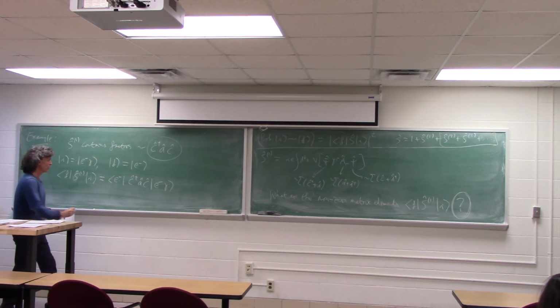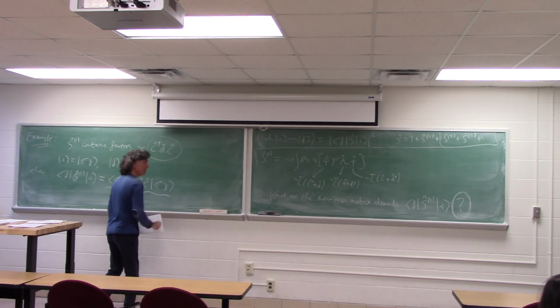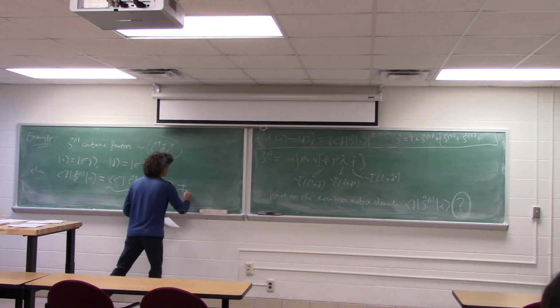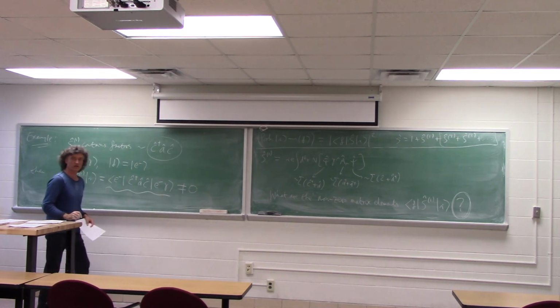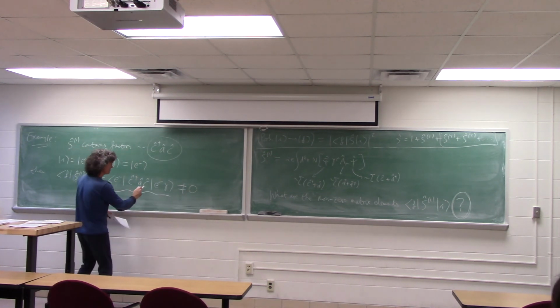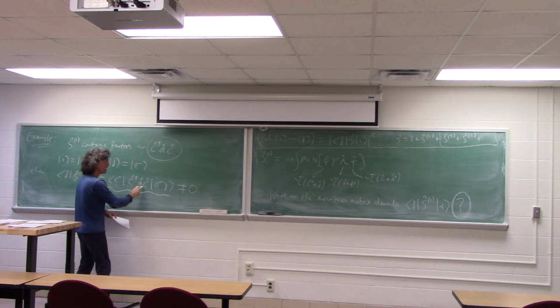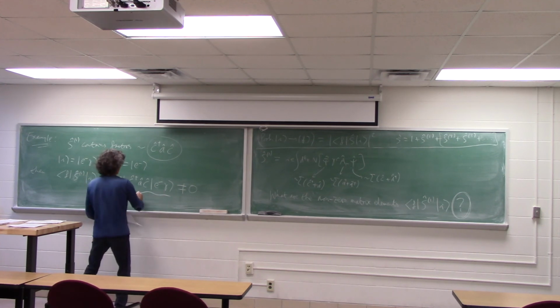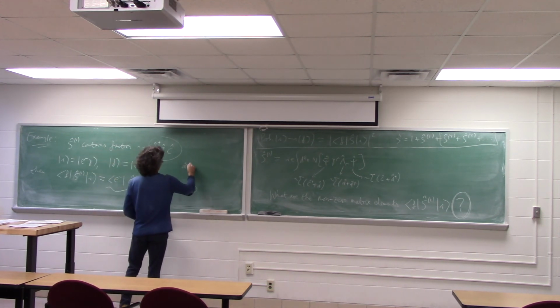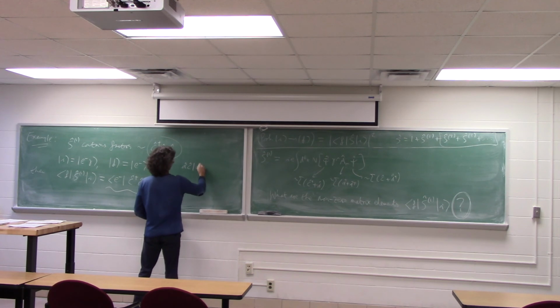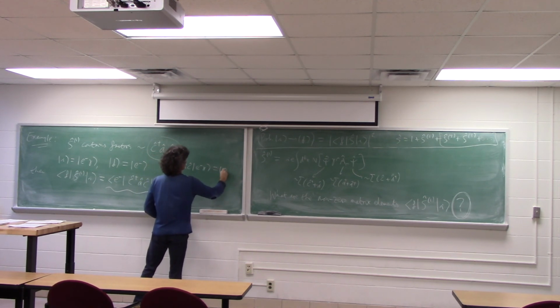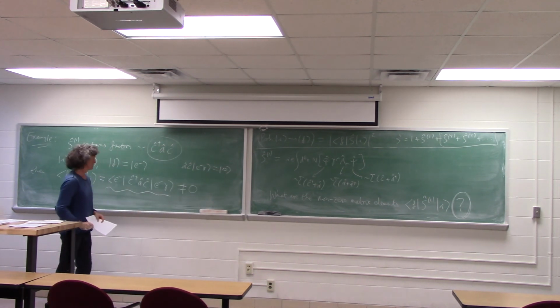Now here's the crucial part: this is not zero, because the annihilation operator can annihilate the electron, this will annihilate the photon, so I get the ground state.